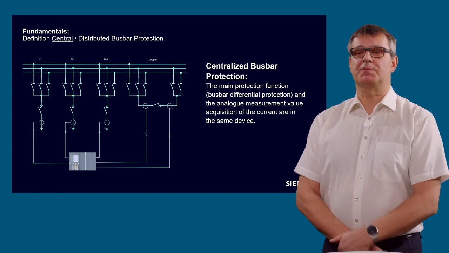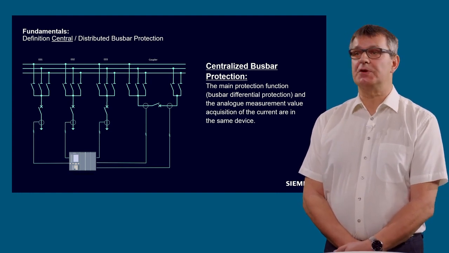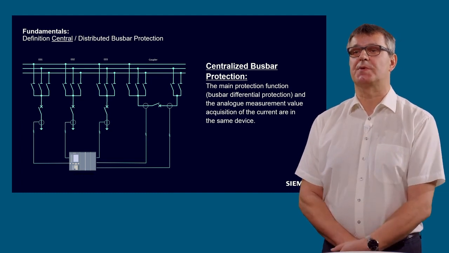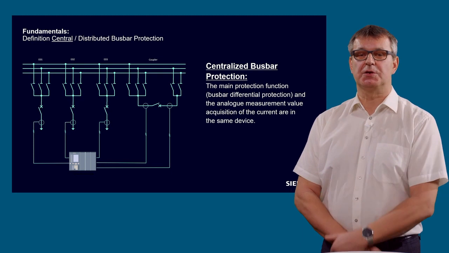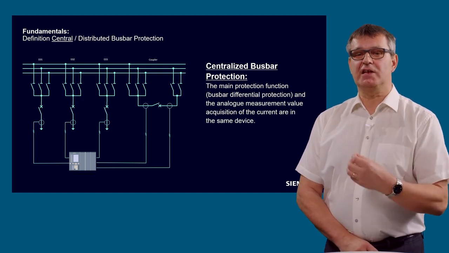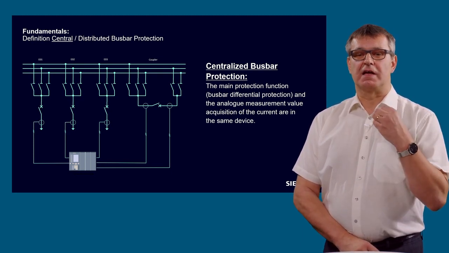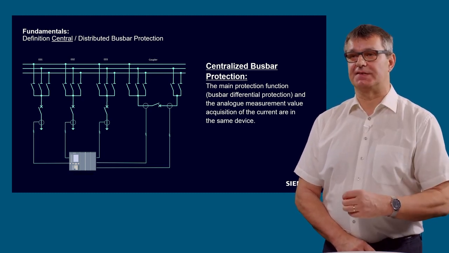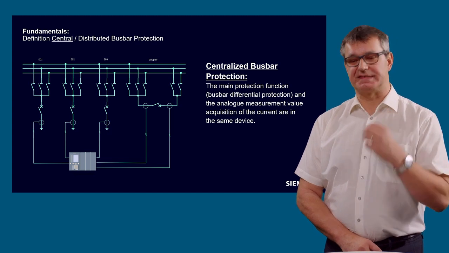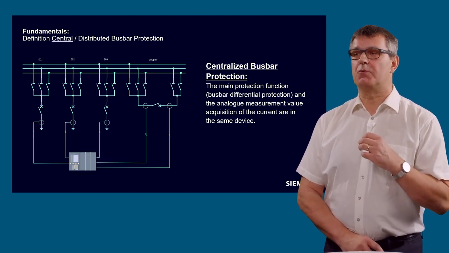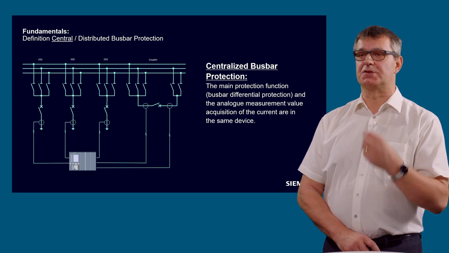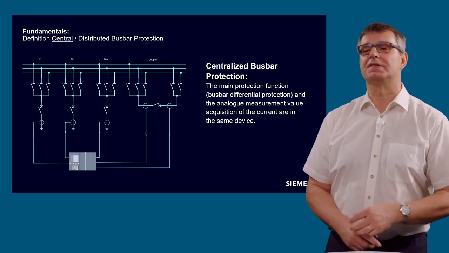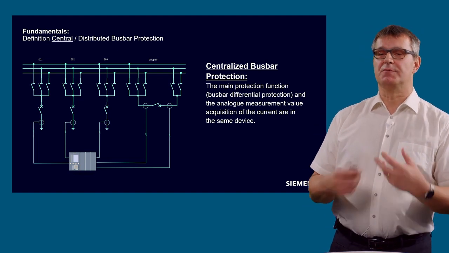We speak about a centralized busbar protection if the main protection function, of course a busbar differential protection, and the analog measurement acquisition of the currents are in the same device. It doesn't matter where the binary signals, the disconnector position, the circuit breaker position, and the trip command are acquired or sent from.